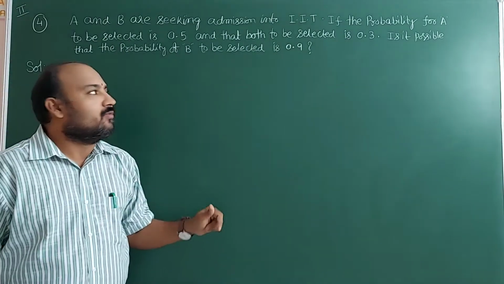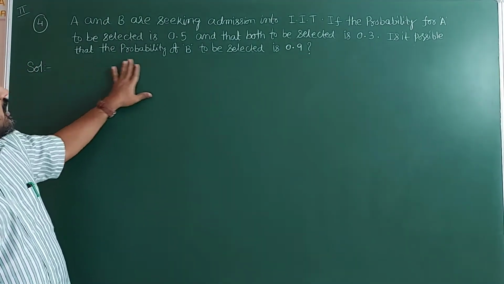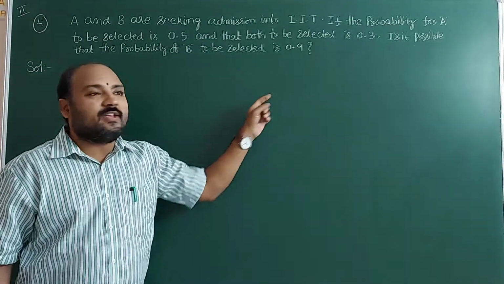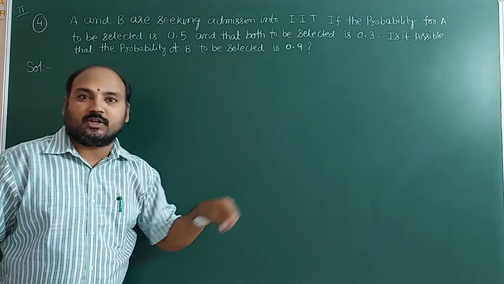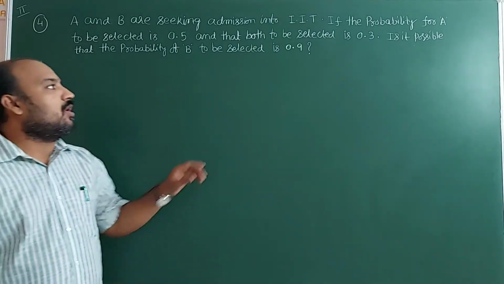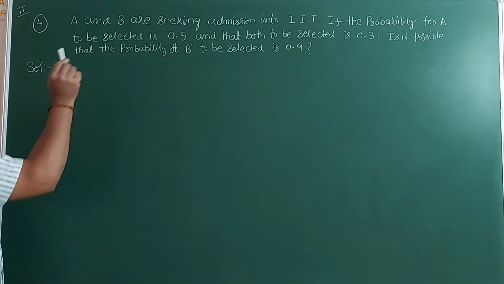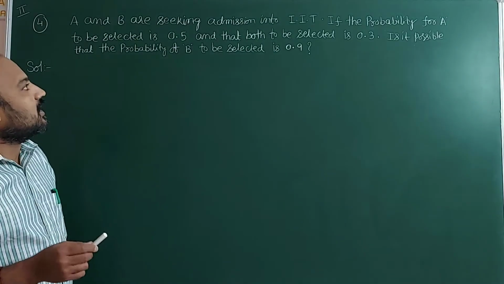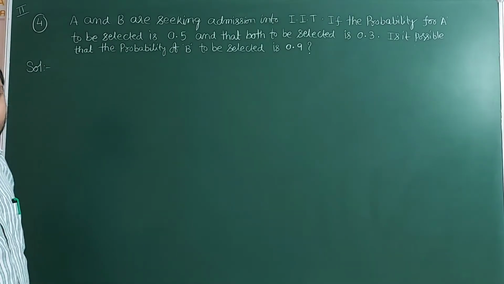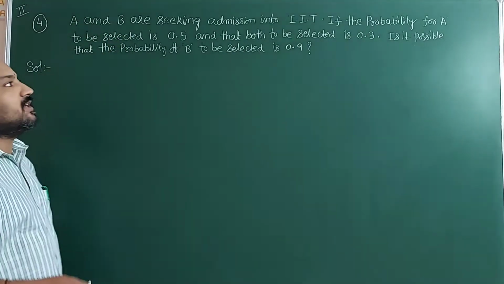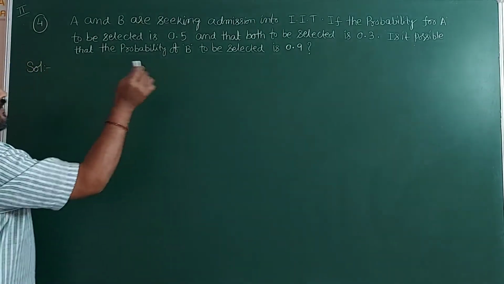They are asking whether the probability of the person B to be selected is 0.9. Whether it is possible or not, we will decide by finding the value. So A and B are seeking admission into IIT, and the probabilities of these persons getting the seat are given.